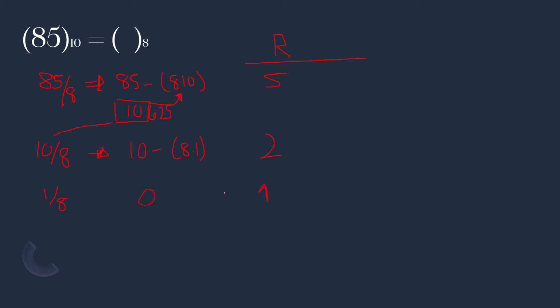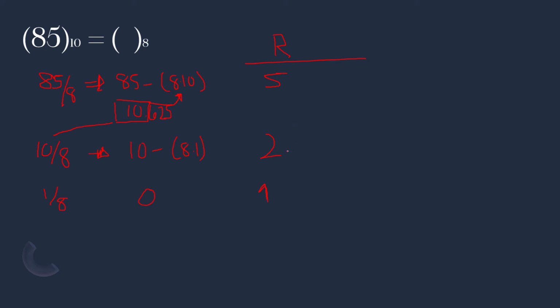So let's just go through it one more time. 85 divided by 8 is a quotient of 10, and 8 times 10 doesn't go into 85 properly, so there's a remaining value of 5. We take that 10 divided by 8. 8 only goes into it one time, and there are 2 remaining.